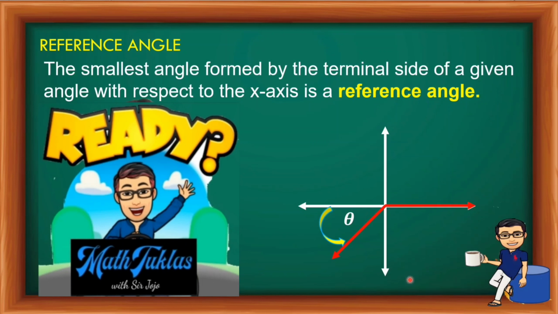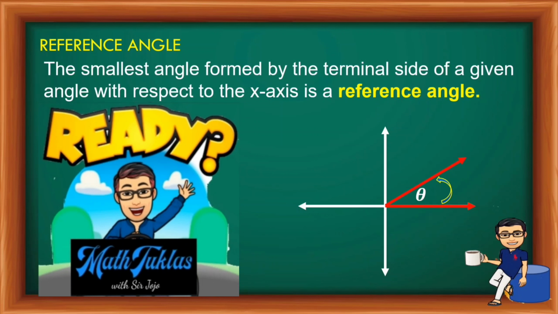And the next one is, we have that. So we have another reference angle. So kung mapapansin nyo, yang lahat ang reference angle. And what have you noticed about the angle form? Di ba lahat sila ay binubuo ng x-axis, whether it is at the negative x-axis or at the positive x-axis and the terminal side.